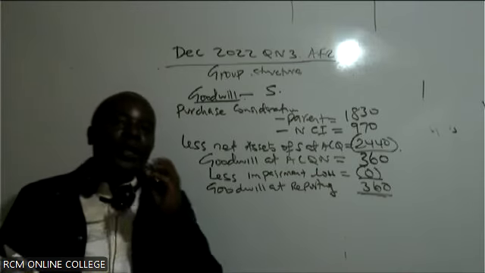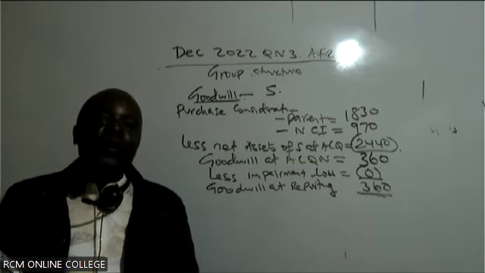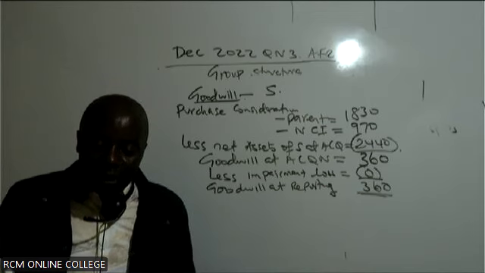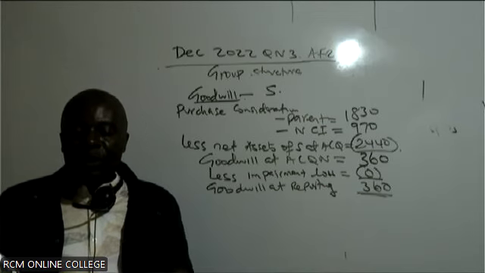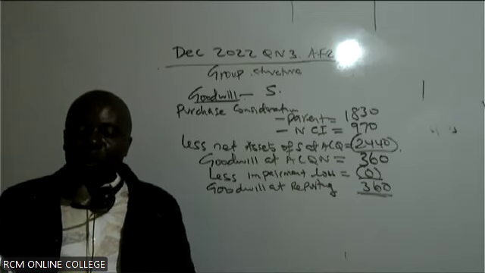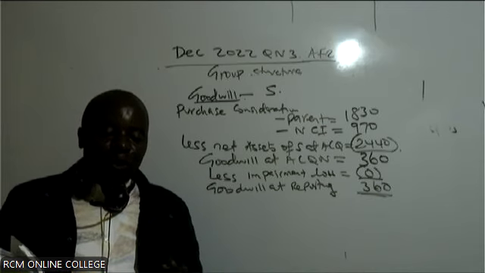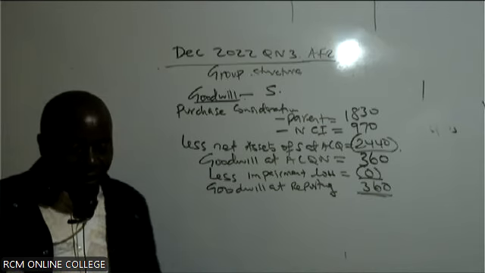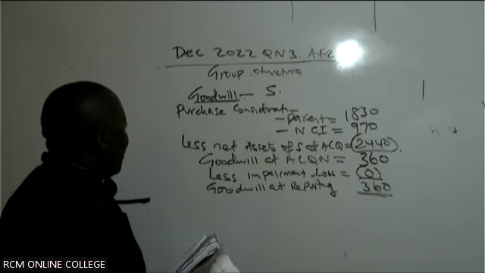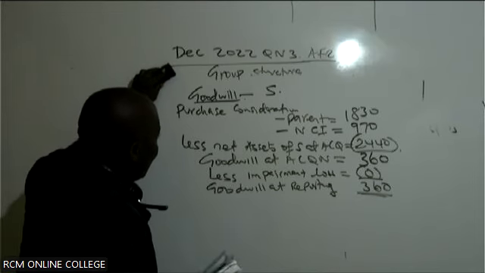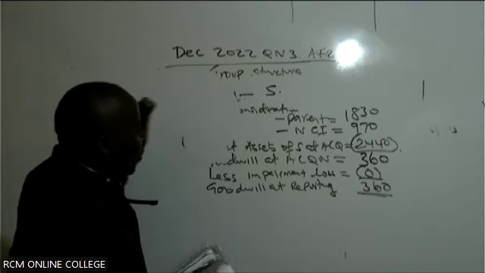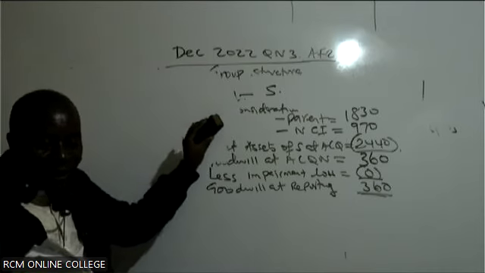Unfortunately, you guys were only doing goodwill in S alone. You forgot that L is also a subsidiary. You must always compute goodwill for all your subsidiaries. So go ahead and give me goodwill. I don't know whether you guys have been able to finish writing.